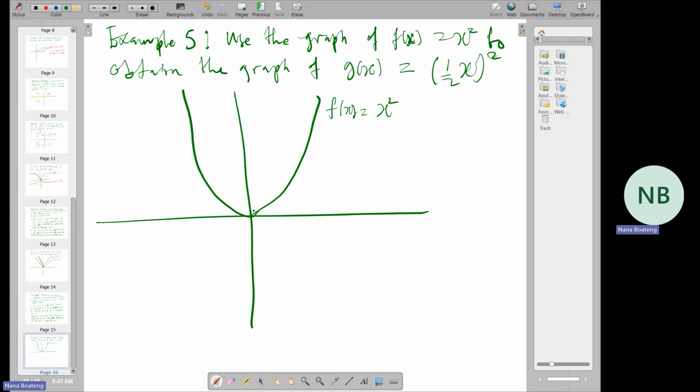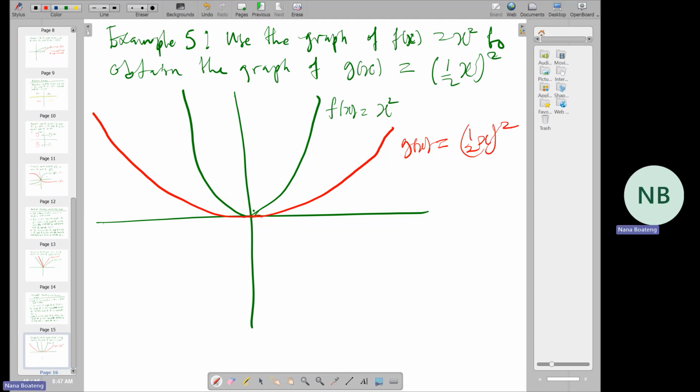So we have a graph that stretches horizontally. So this is going to be a graph that looks something like this. So this will be the graph of g of x is equal to half x all squared.